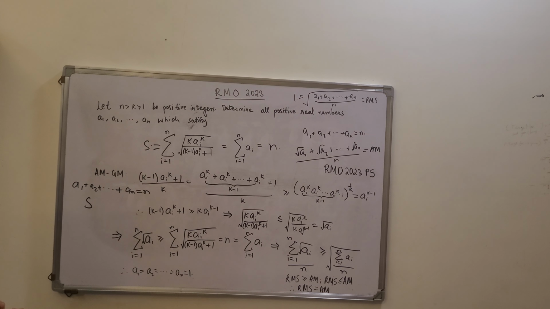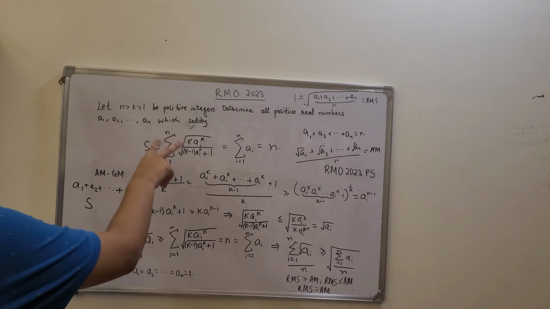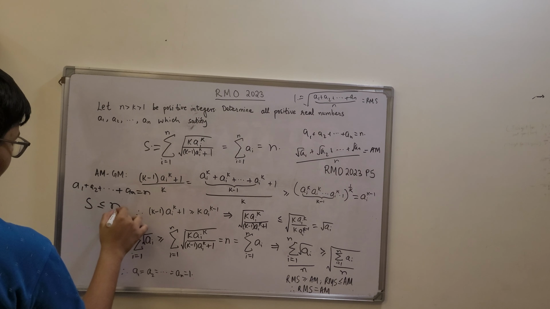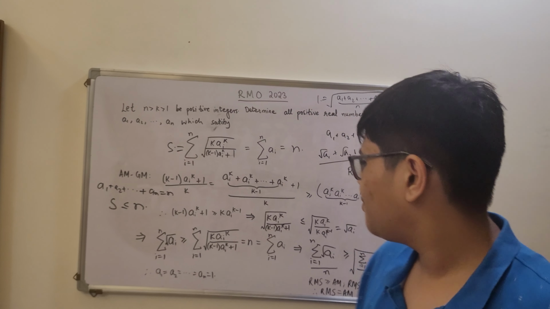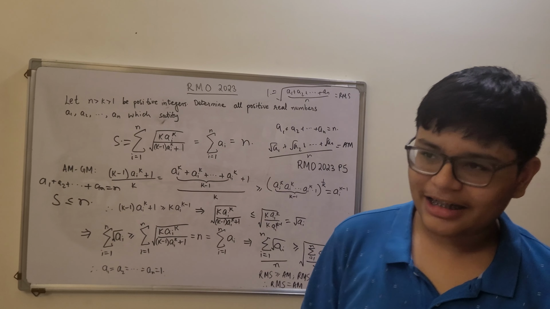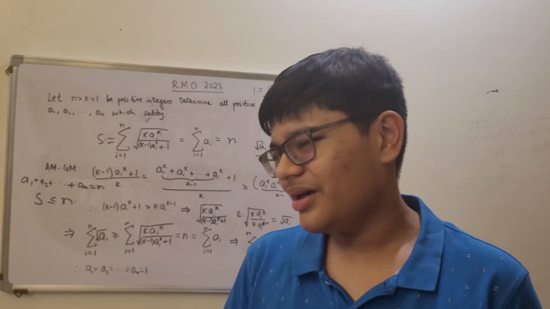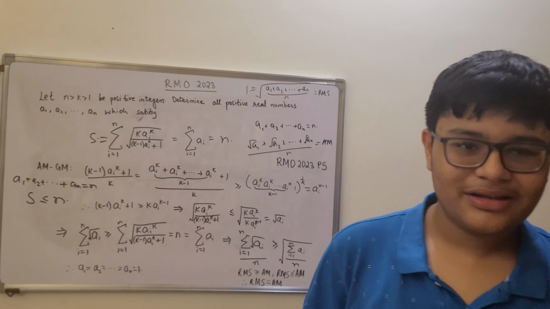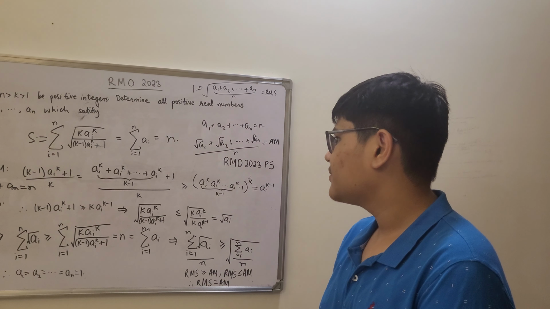They will tell you that you have to prove that this thing is less than or equal to n. So first you'll prove, I mean the method is the same, but they usually give it like this. This time they tried a different method. They wanted to gift it to the viewer as an equality, which I think is an interesting way to mold this question and present it to the viewer. So that's the solution to this question.